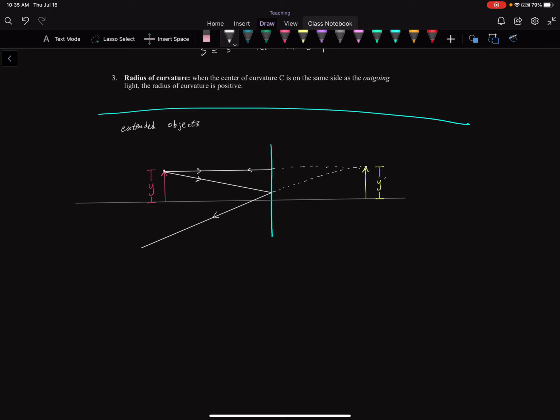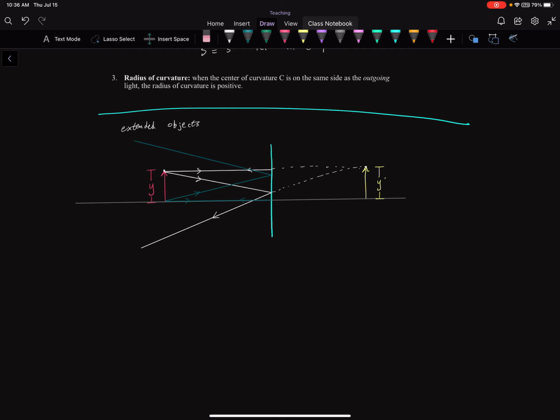And you could do the exact same thing, I'll do it in this other color blue, for the bottom of the arrow. So one of them goes out and then comes back in. We'll do another one that goes like this. So it goes out and reflects at the same angle.